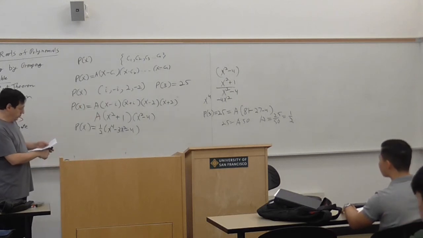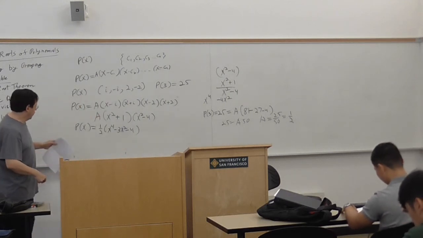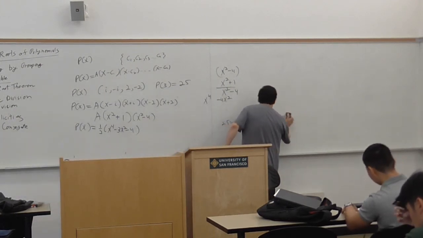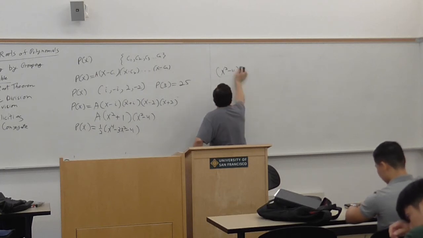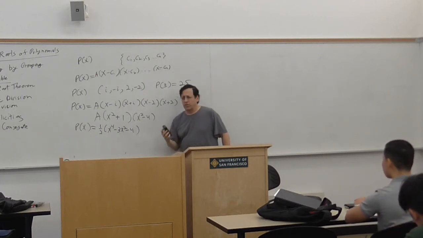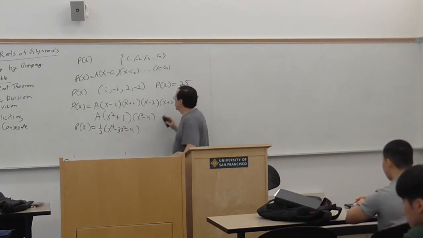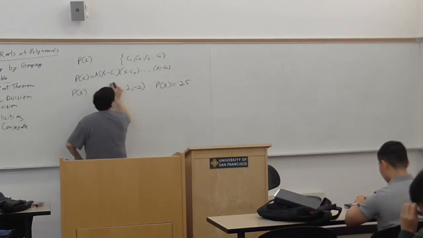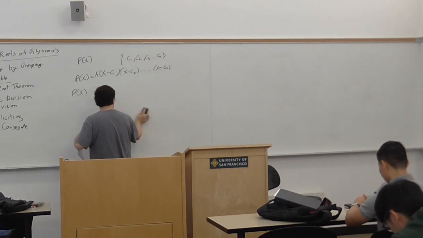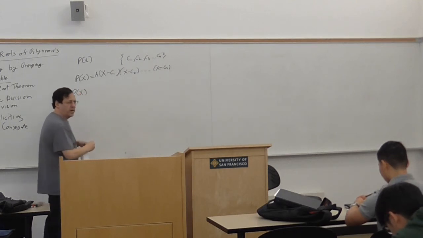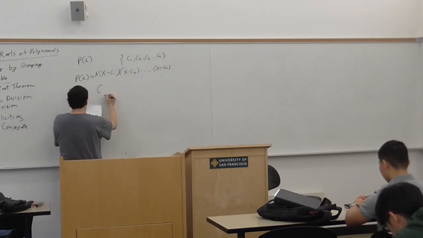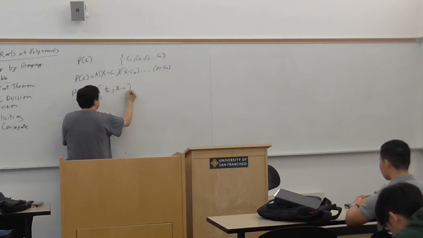It's the same kind of problem, but add a twist. See, I want the solution to have real coefficients, but I don't care about what p of 3 is, but I do want the roots to be 1/2 and 3 minus i.